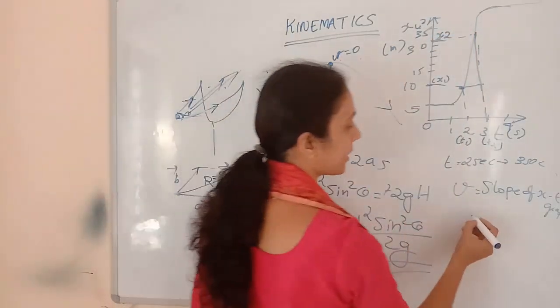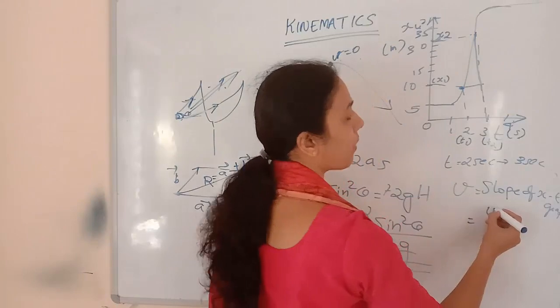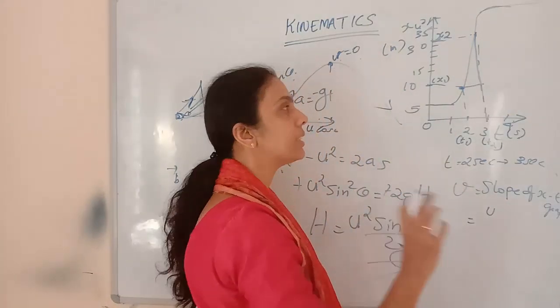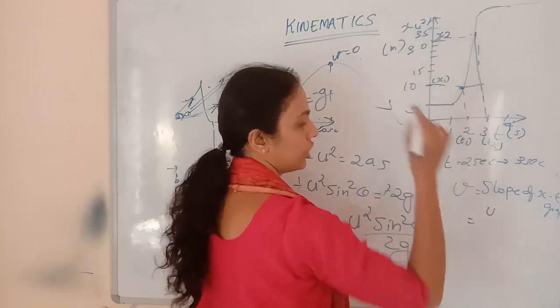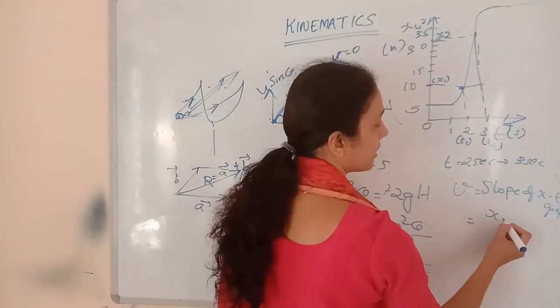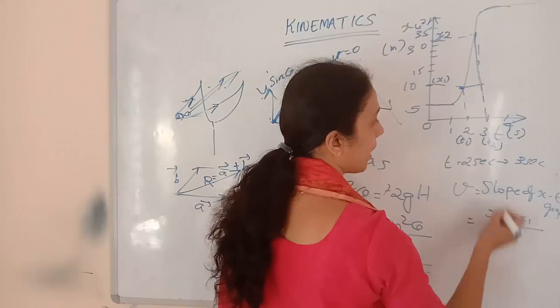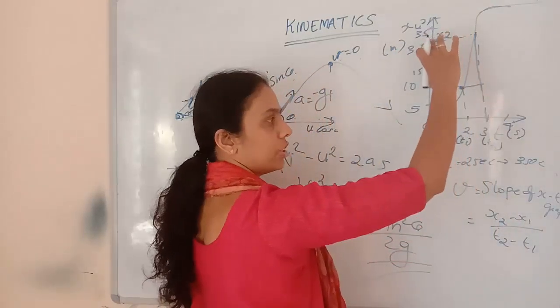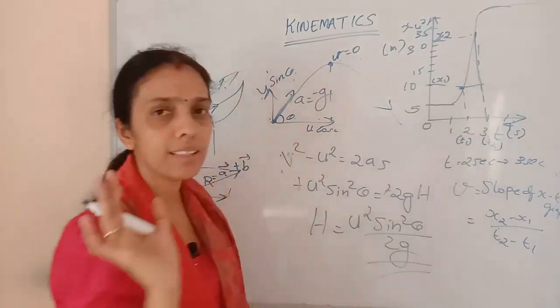So the slope of the graph we can find out as y2 minus y1 divided by x2 minus x1. What is the y coordinate over here? Position. So x2 minus x1 divided by t2 minus t1. Difference in position divided by difference in time.